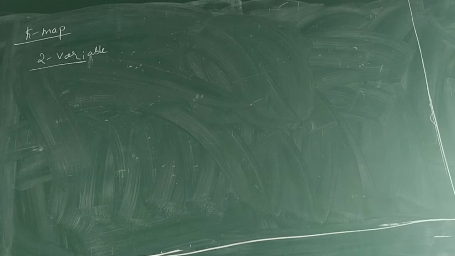So this K-map reduces human effort for simplification of digital functions. Here there is no need to take a reference of Boolean laws. If we follow a direct algorithm, we will come to know how to simplify digital functions.